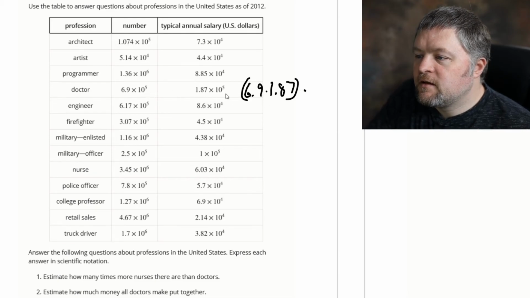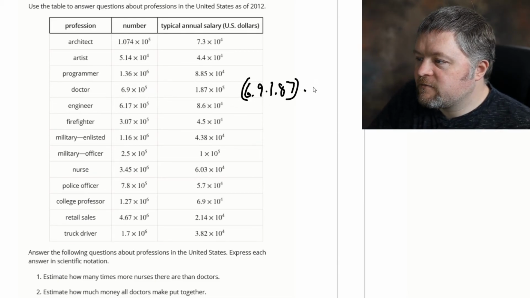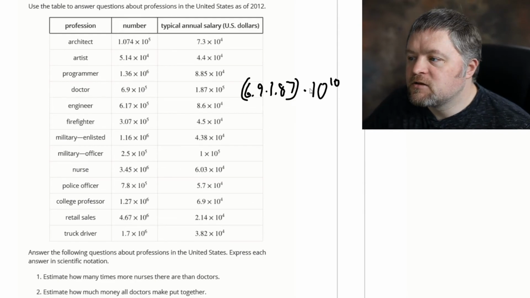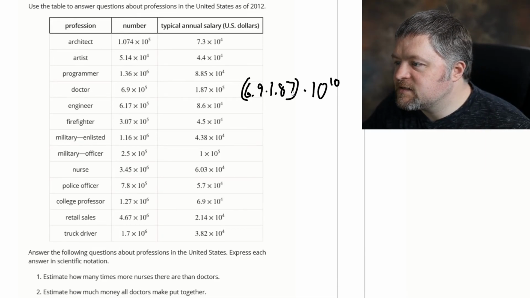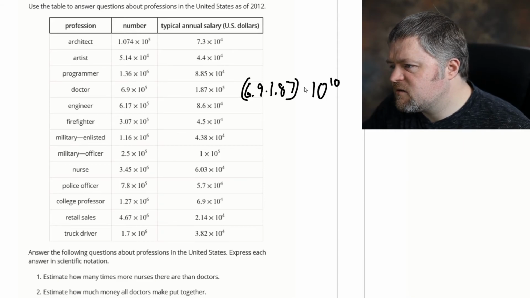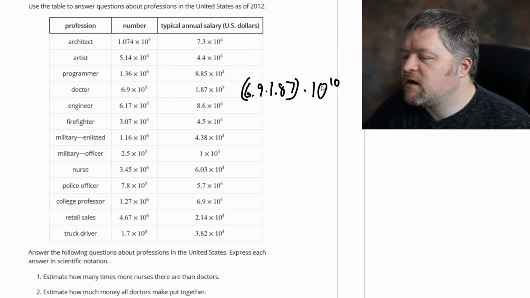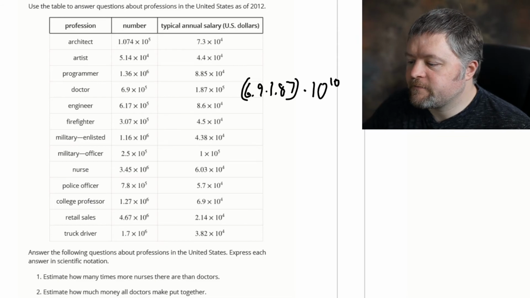Times, add the exponents. 5 plus 5 is 10. 10 to the power of 10. So the salary of all the doctors combined is 6.9 times 1.87, which is going to be 13-ish, times 10 to the power of 10.